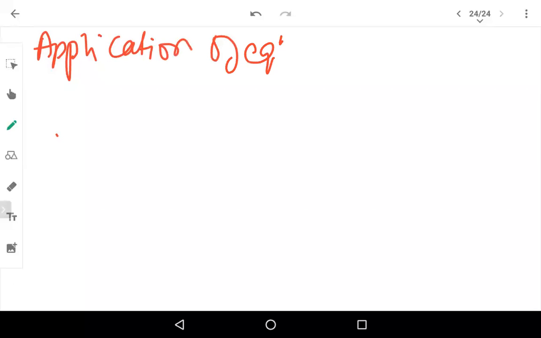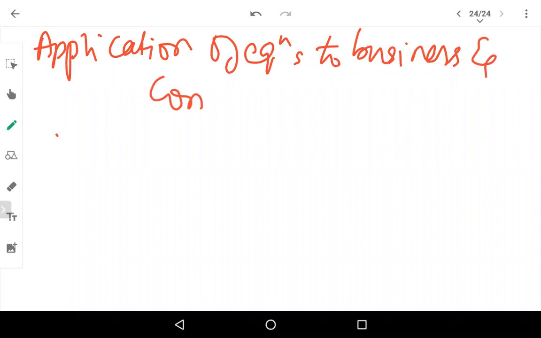Application of equations to business and commerce.